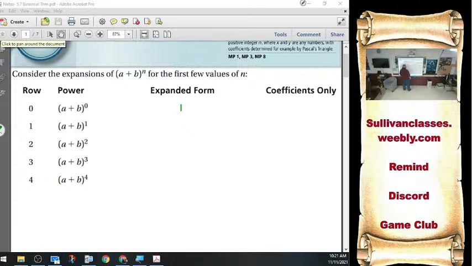If I only look at the coefficients, well, it's just a 1. If I have something to the first, it is itself, a plus b. What are the coefficients only? Coefficients. 1.